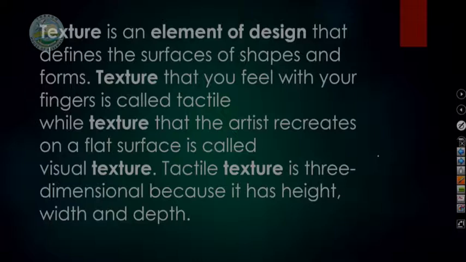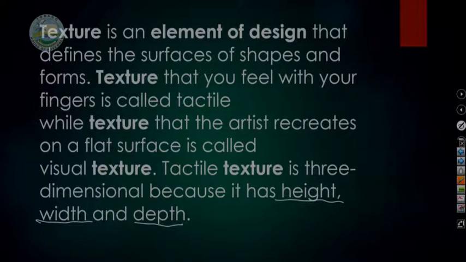Now, tactile texture is three-dimensional because it has height, width, and depth. Remember, in art, anything that is three-dimensional must contain these components. To determine if something is three-dimensional, once it has height, width, depth, in any order you want to put it, then you know for sure it's three-dimensional. All right?